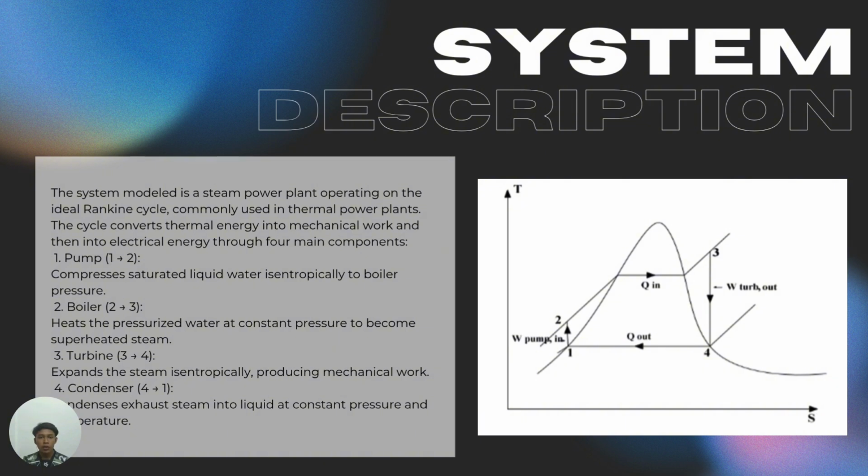Third, the turbine expands the steam isentropically to produce mechanical work. And finally, the condenser condenses the steam back into liquid at constant pressure and temperature. This process operates in a closed loop to continuously convert thermal energy into mechanical and ultimately electrical energy.